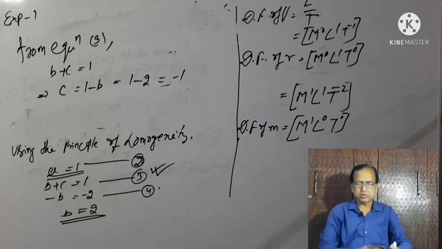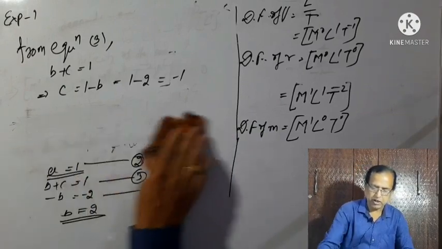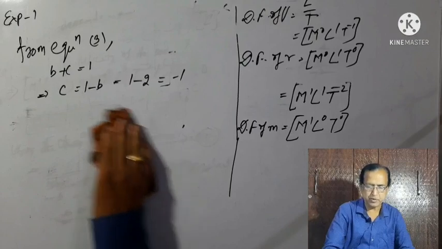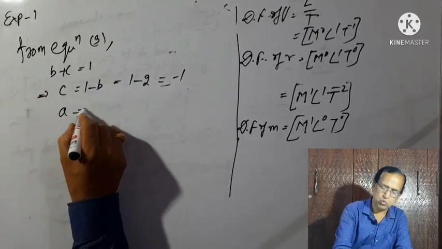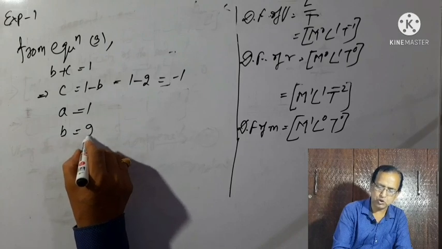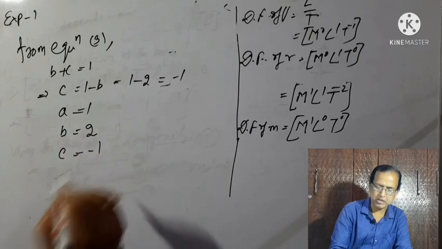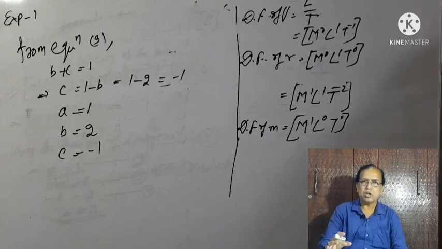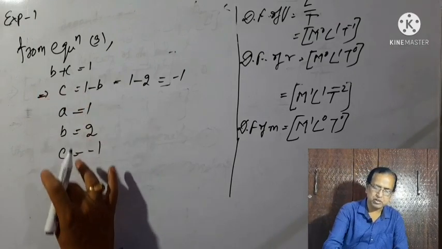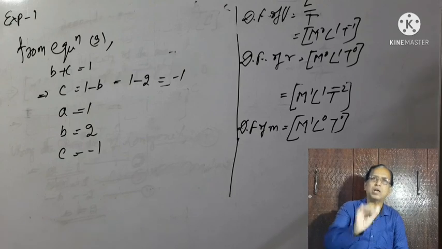So we find the values of a, b and c: a is equal to 1, b is equal to 2, c is equal to minus 1.